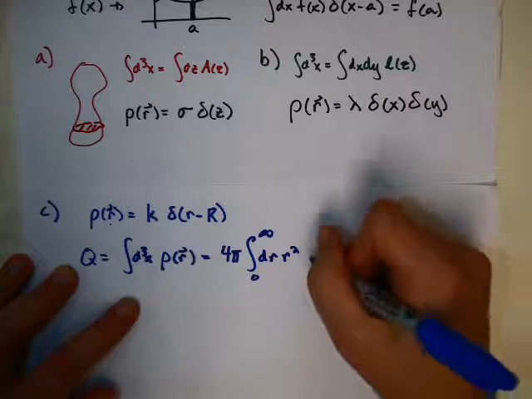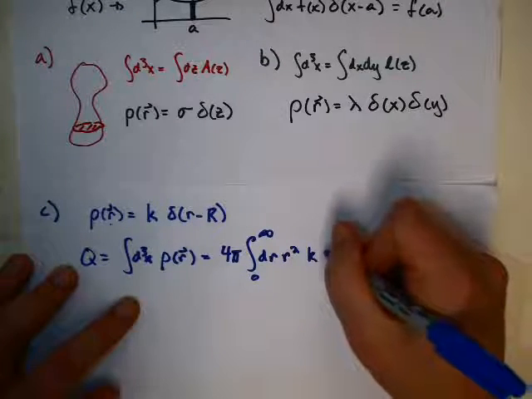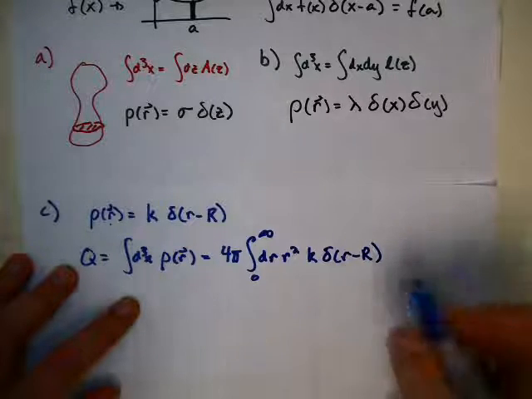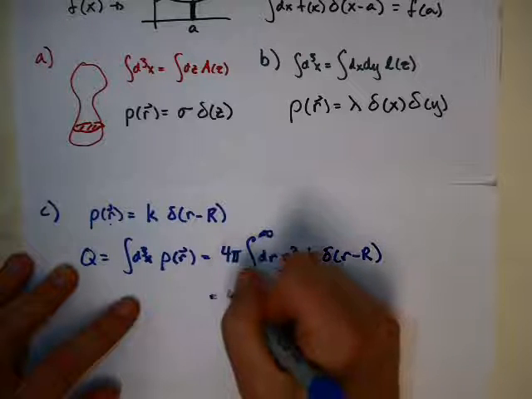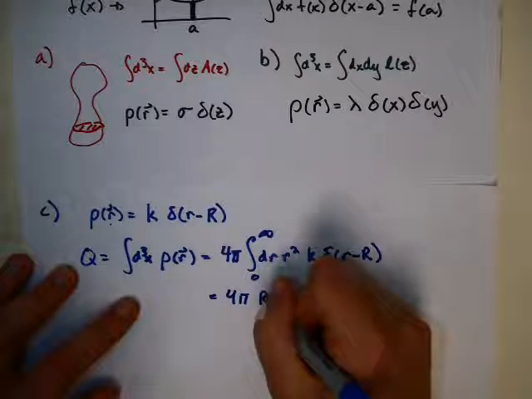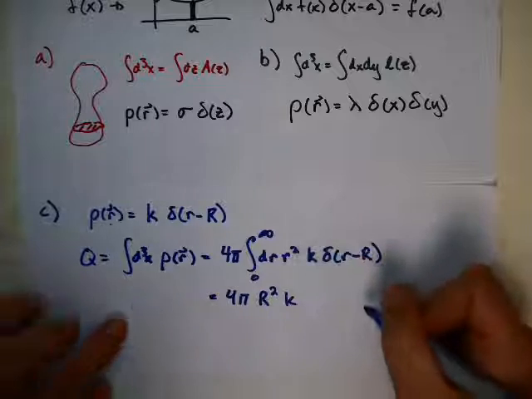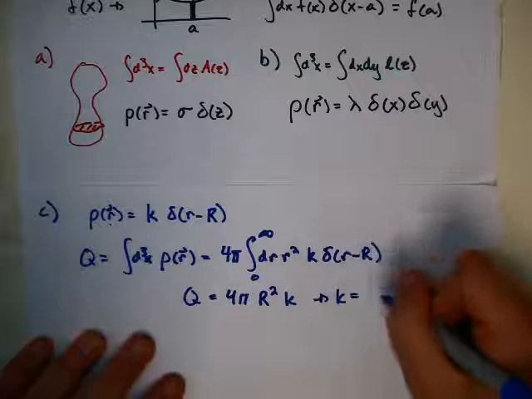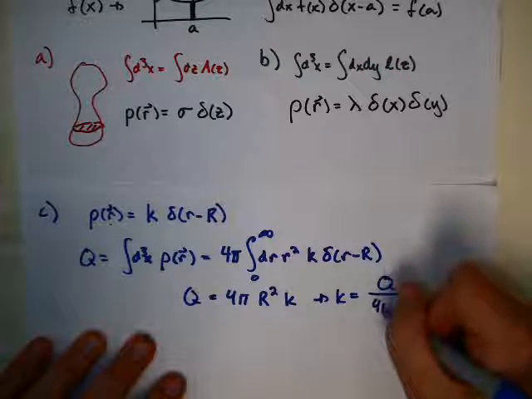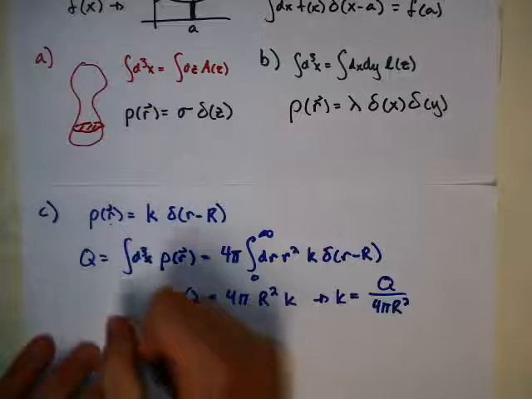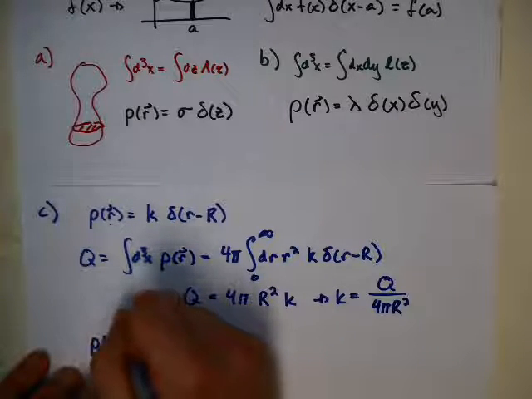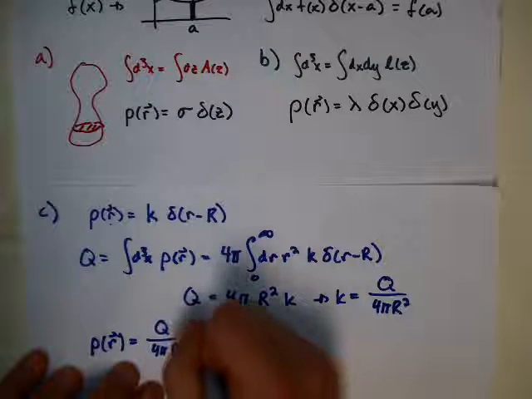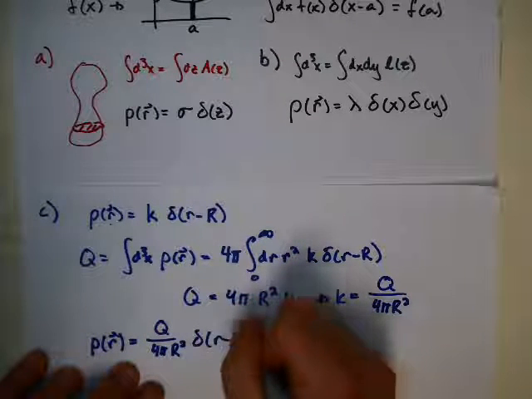And then rho is going to be k times delta function of r minus capital R. But we know what this is. This is going to be 4 pi capital R squared k. And this is equal to q. Solving for k, this says that k is equal to q over 4 pi capital R squared. And so that says that my rho of r is going to be q over 4 pi capital R squared delta of little r minus big R.